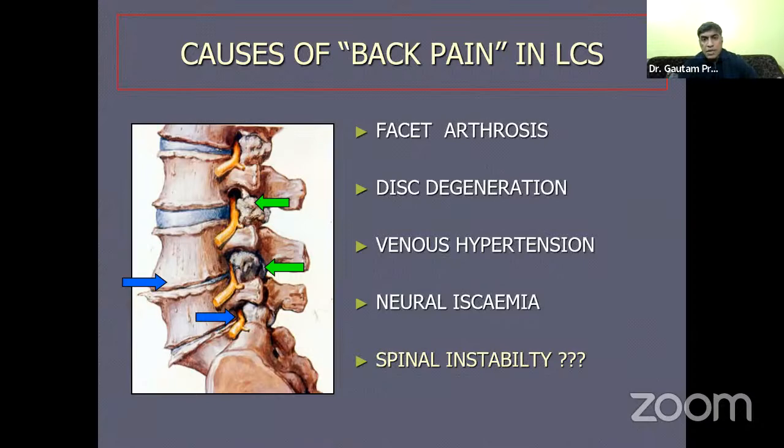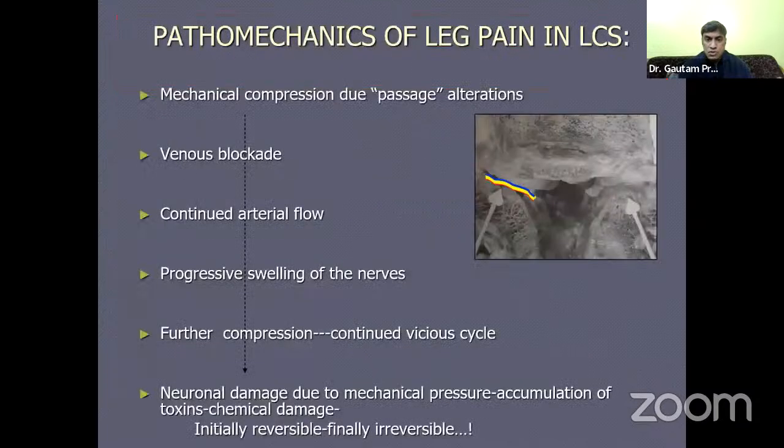Many times, along with degenerative or lax ligaments, there can be increased mobility, which can be a dynamic stenosis, that denotes instability. This instability pain, especially while bending forwards or backwards, or an extension catch which the patient develops, can be the cause for back pain in lumbar canal stenosis.